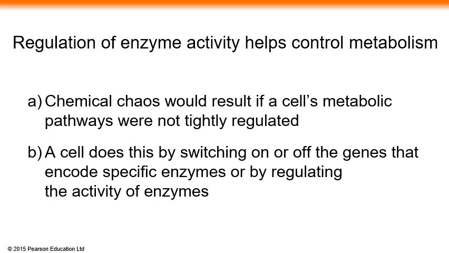Chemical chaos would result if a cell's metabolic pathway were not tightly regulated. It can cause a lot of trouble. A cell does this by switching on or off the genes that encode specific enzymes, or by regulating the activity of enzymes.